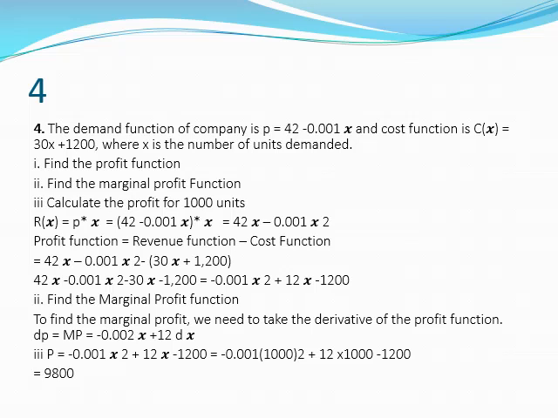The demand function of a company is P equal 42 minus 0.1x and the cost function is C(x) equal 30x plus 1200, where x is the number of units demanded.